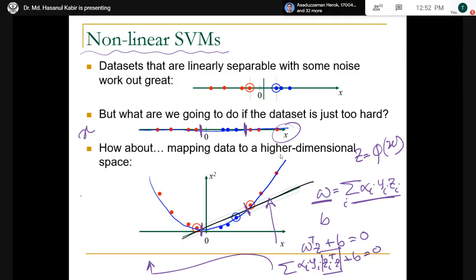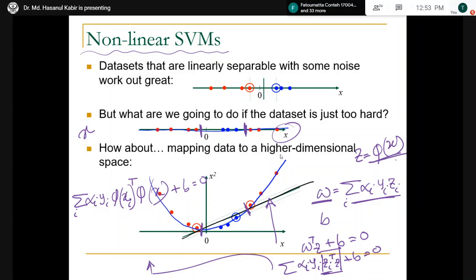What we have is summation of alpha I, y I, then we have phi of x I, then you take the transpose, and then you have phi of x. Isn't it what we have? Yes or no? Yes. That means instead of Z, I simply have written phi of x.